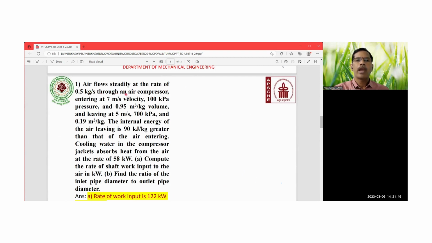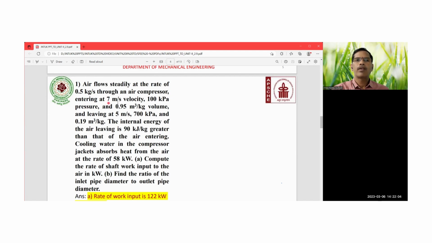Observe this: the air compressor is also one of the applications of the steady flow energy equation, an open system.